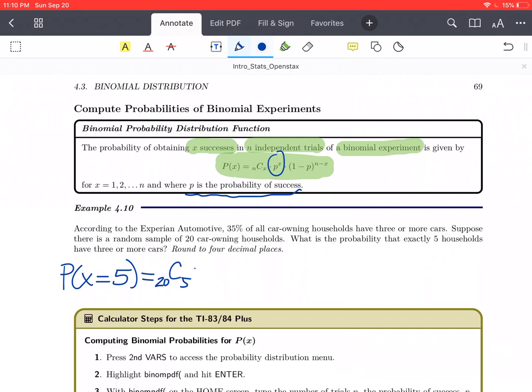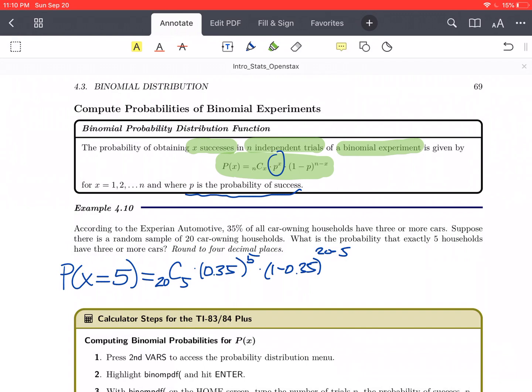Then times the probability of success, a 35% chance, so 0.35 to the X, so to the 5th, times 1 minus 0.35, the probability of failure, to the 20 minus 5, or to the 15th. Because if I succeed 5 times out of the 20, then I'm going to fail 15 times out of the 20.